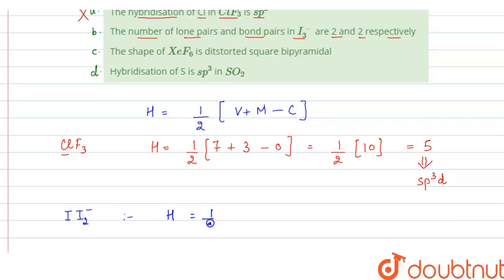So hybridization will be half into, valence electrons of the central atom, iodine, is 7, plus 2 more iodine are attached to it and it is monovalent, so M will be 2, minus the charge on this molecule, which is -1. So we'll put -1.